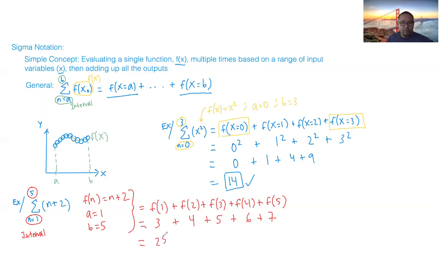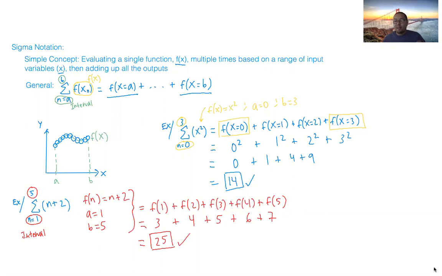So this is going to be 25. Okay, and so this is going to be the final numeric answer for this sigma notation. Okay, so take a second and kind of comprehend it, and then after this, we're going to go the opposite direction. Okay, or whichever way.